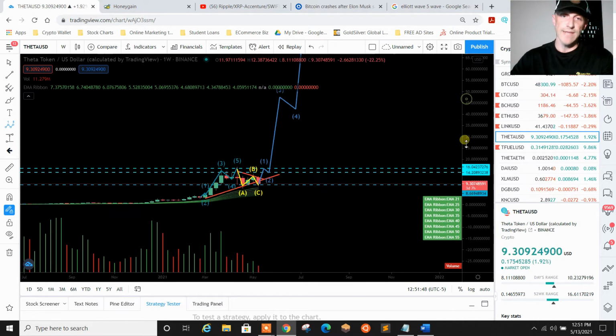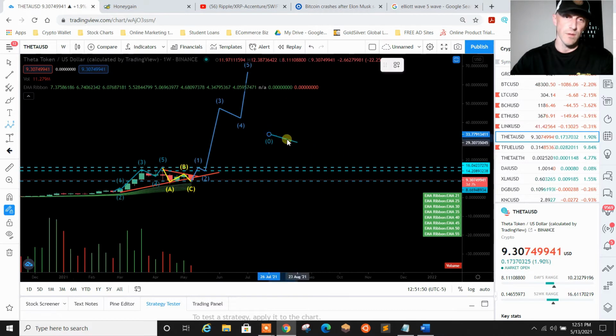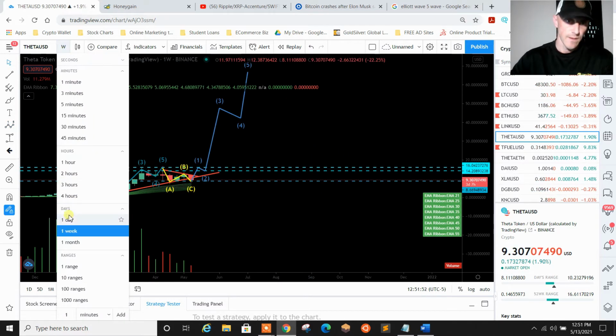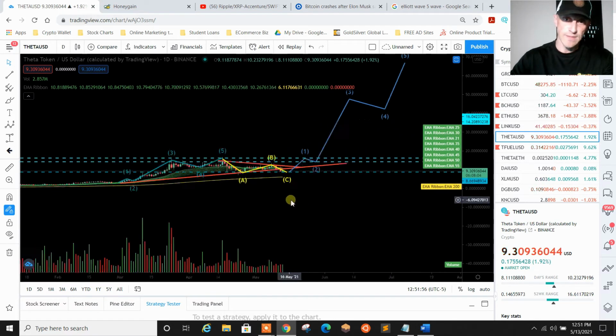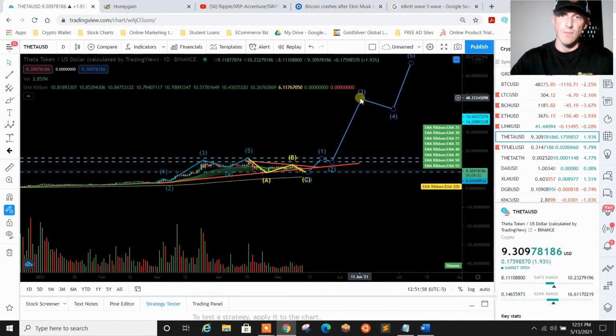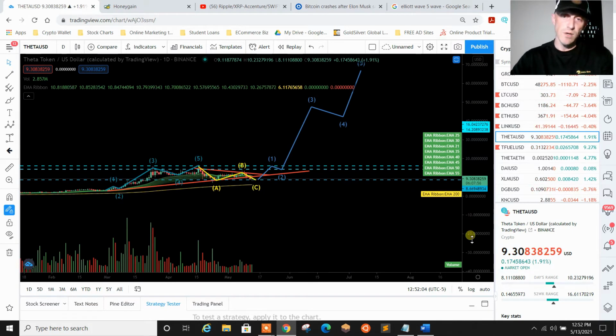So that's kind of where I'm going with this. If you go back to the daily, that's why I drew this move going so strong upwards, because I was basing that on the weekly chart.